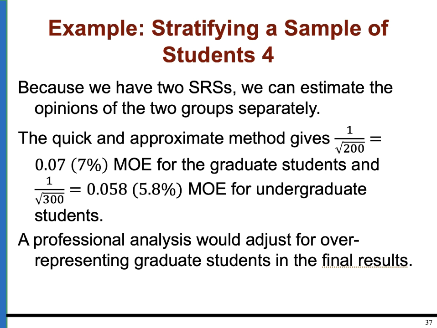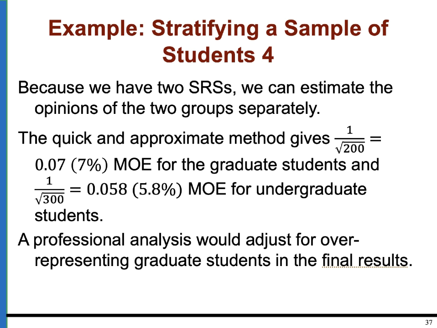Now, we do recognize that with these 2 simple random samples that we could estimate the opinions of the 2 groups separately. So using that margin of error formula from our previous chapter, 1 over the square root of 200 would give us a 7% margin of error for graduate students.